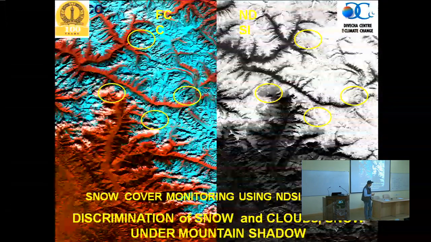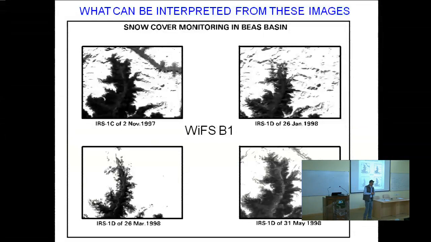So let us look at these images. What can you interpret from these images? This is B1 data, band 1, which is the visible band of the electromagnetic spectrum.